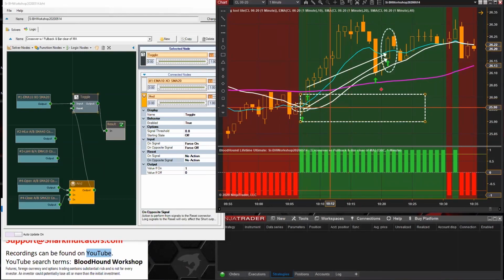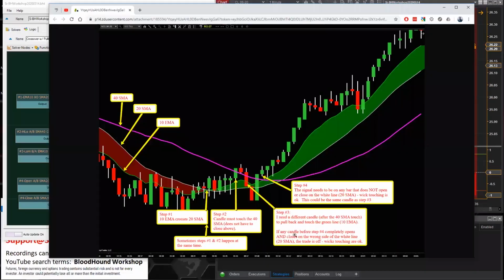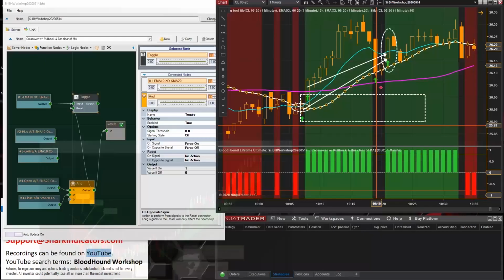But remember, I used this red diamond to remind us that we're going to get a short output if the open and the close go below our SMA 20. That's our disqualifier, part of step number 3. If we're in a long situation and the open price or the close goes below the SMA 20, then that disqualifies it.